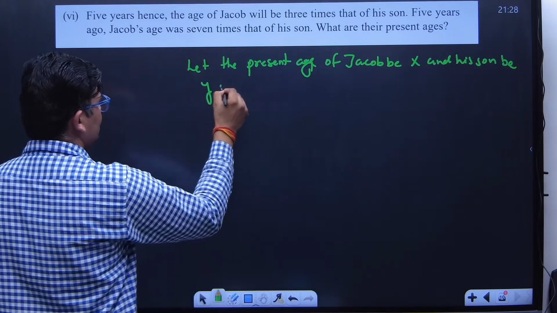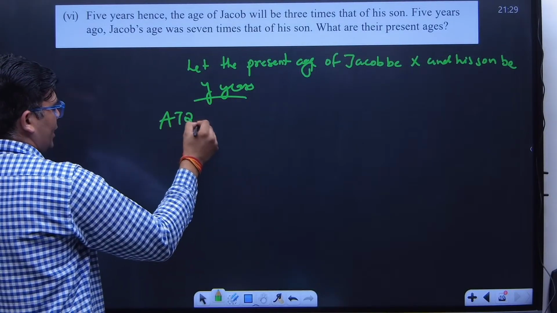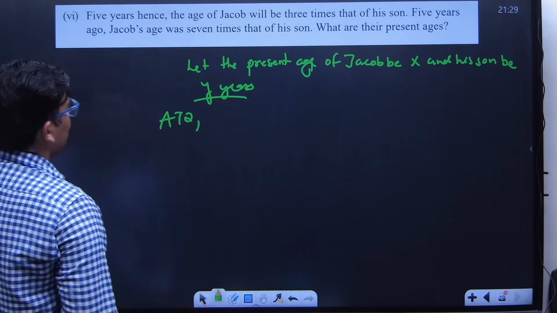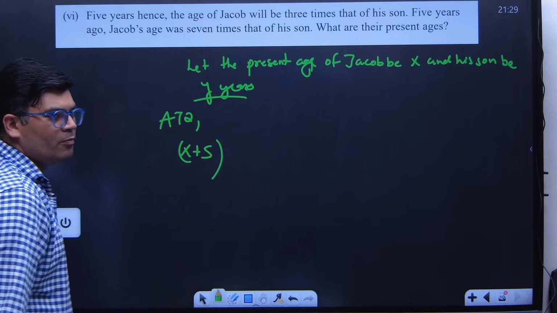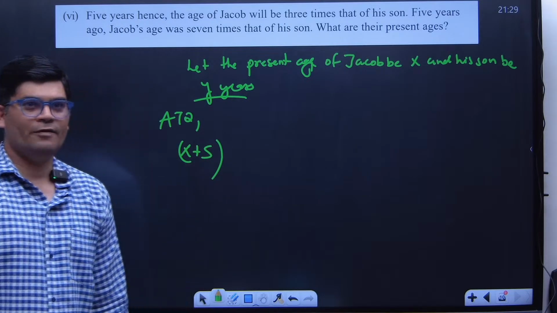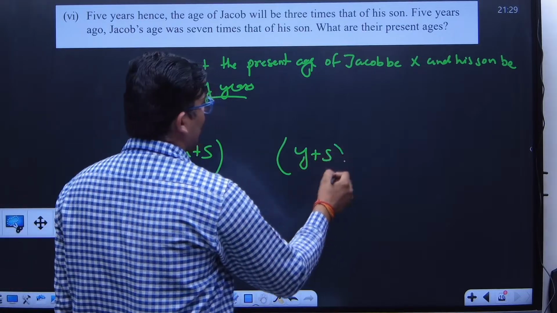So according to the question, 5 years hence, the father will be x plus 5. And the son will also become y plus 5.